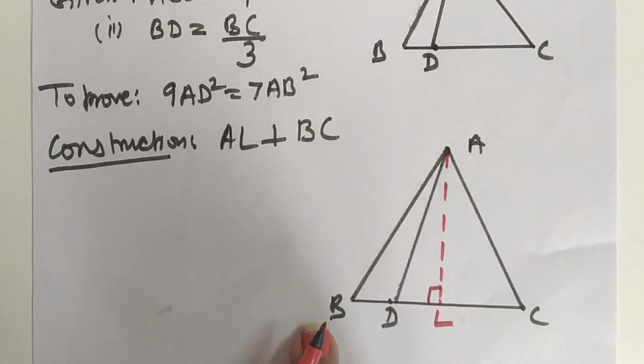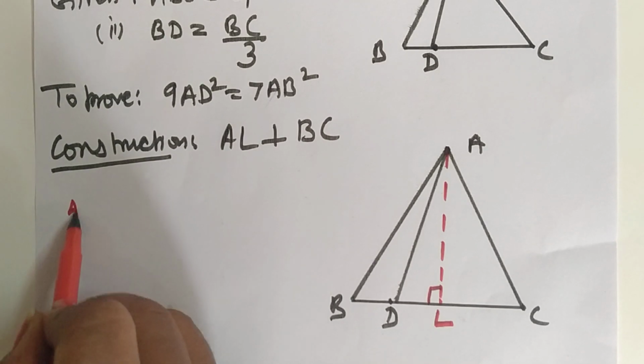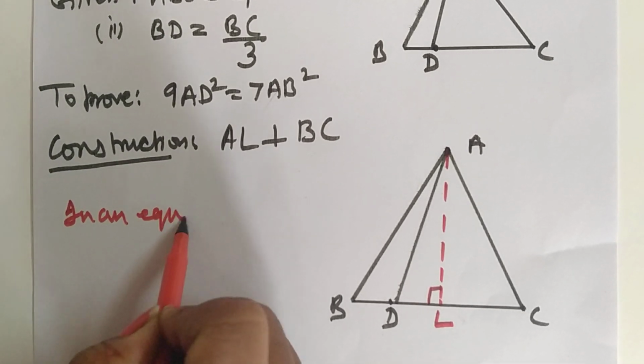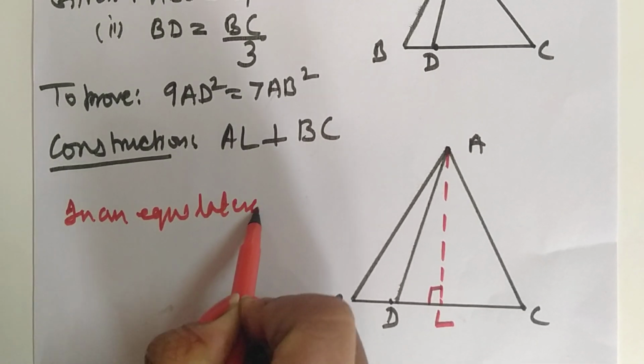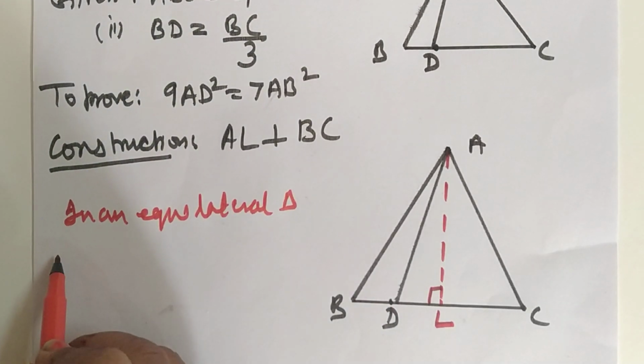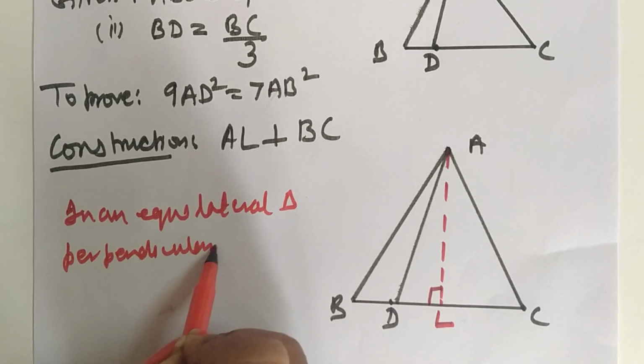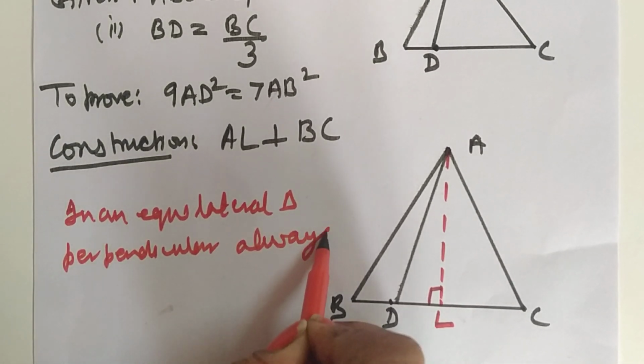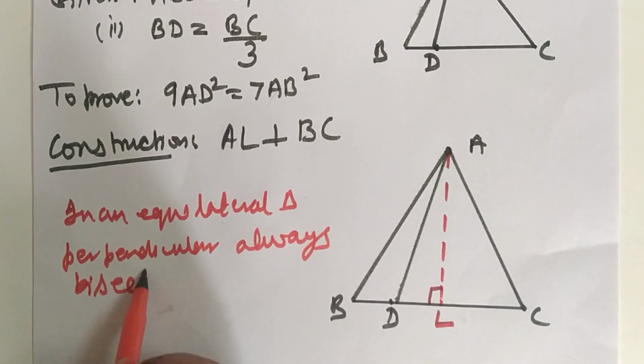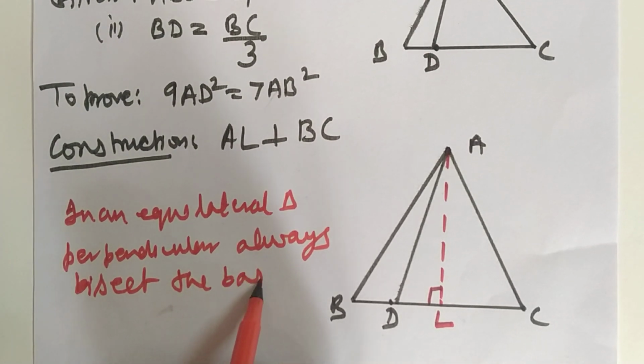The information that we must carry with this question is that always in an equilateral triangle, the perpendicular bisects the base.